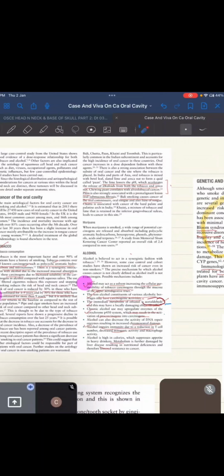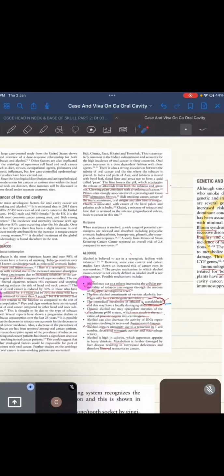So this is what you have to tell. Sir, the risk of oral cavity cancer is reduced by 30% in those who have discontinued up to 9 years, and by 50% for those who have discontinued more than 9 years. So please note this line. Up to 9 years, there is a 30% reduction in risk, and for more than 9 years, you should know the risk is reduced by 50%.